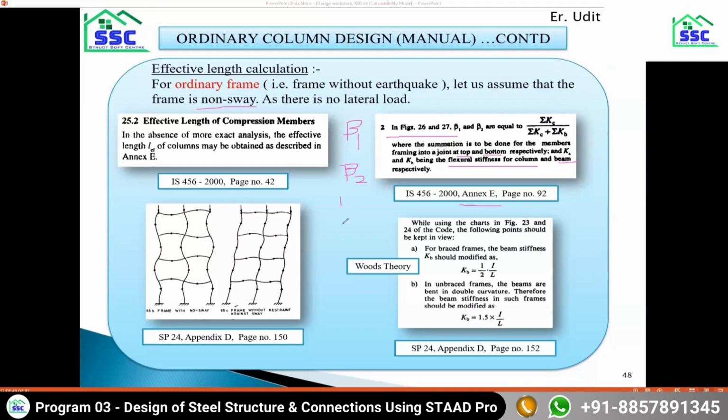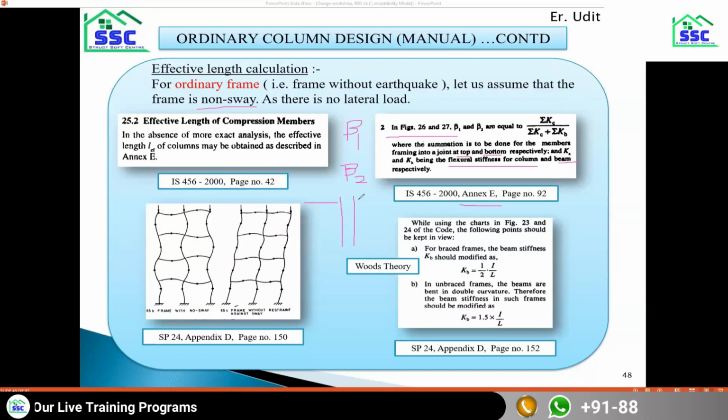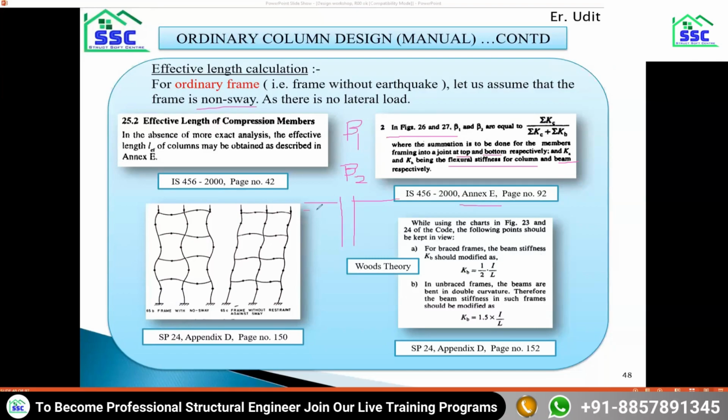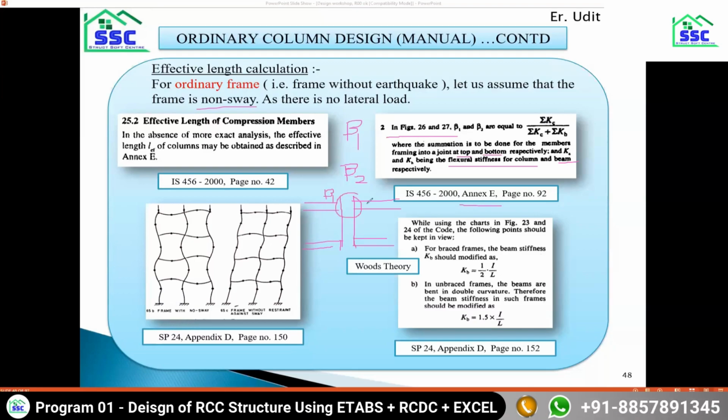Now if you see any column, say this is one column, and there are beams framing into that column at one story, and then there are beams framing into that column at the lower story. When we say beta 1, it is calculated using the stiffness of the column at this junction, where the beams at this level will be considered in the calculation of summation Kb.